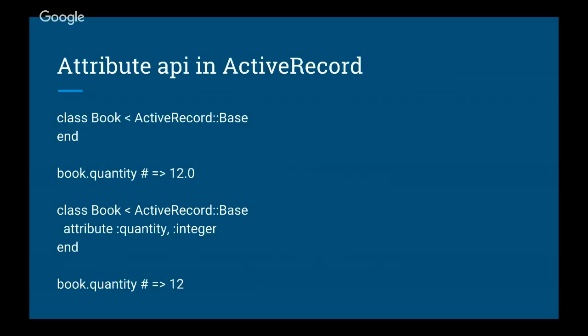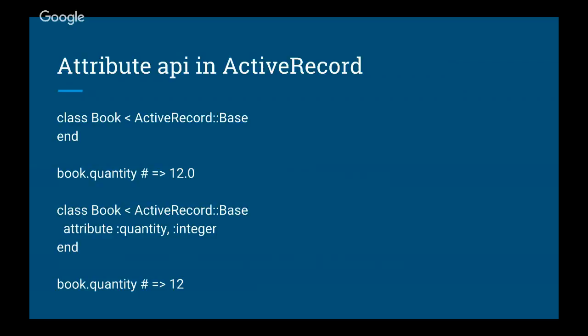So now there is an attribute API in it. What this essentially does is, so earlier you had a class book, and when you did a quantity, whatever was the schema inside the DB, it used to come out. So if it was a float, it would come out as a float. In this case, if you want the attribute in our class to be some other type, like an integer instead of float, you can actually specify that as an integer.